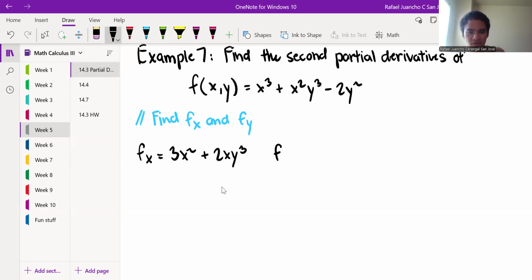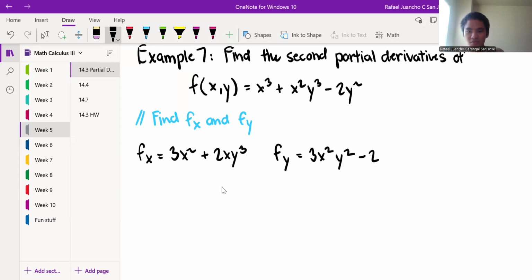Okay, now let's look at f sub y. Well, here we treat x as a number, and we treat y as a variable. So this one's 0. X squared is a number, so that's that. Y cubed, this is 3y squared, so I can just write 3x squared y squared, and then minus 2y squared.